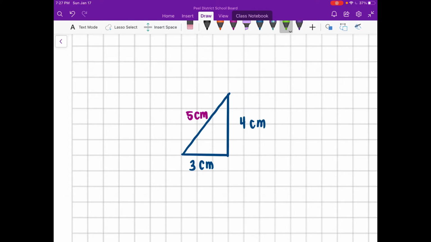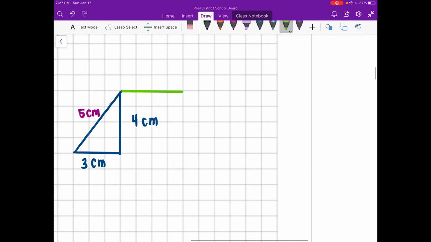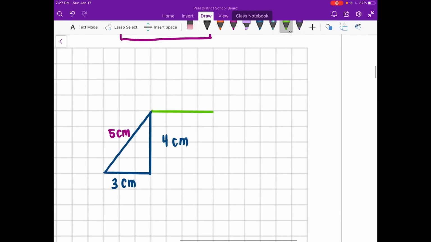So you know if it's a square, we're drawing this 4 centimeter line over here, it's going to be 4 centimeters on all sides of this triangle, right? Because it's a 4 by 4 square, because squares have the same length and width on both sides. So I'm just going to go in, draw it out.